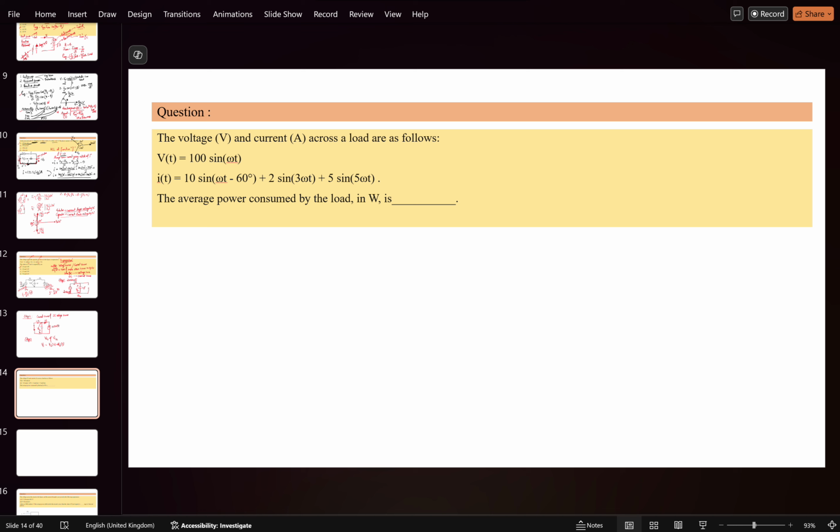Take 1-2 minutes only to solve this problem because I have to cover other parts as well.